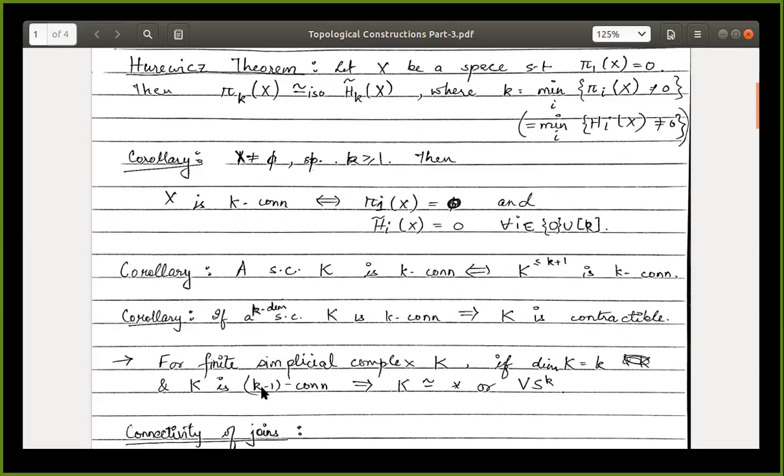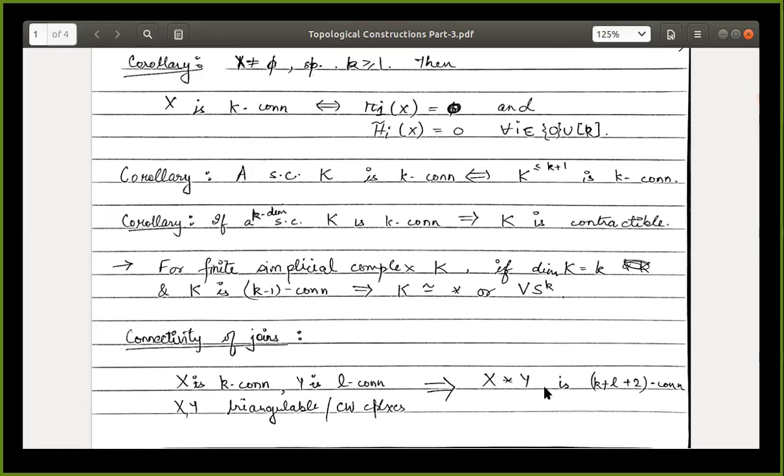If not, then you know that the homotopy groups all up to dimension k-1 are 0, in which case you can say that it is homotopy equivalent to a wedge sum of k-dimensional spheres. So the kth homotopy group is actually a wedge of k-dimensional spheres up to isomorphism, sorry.